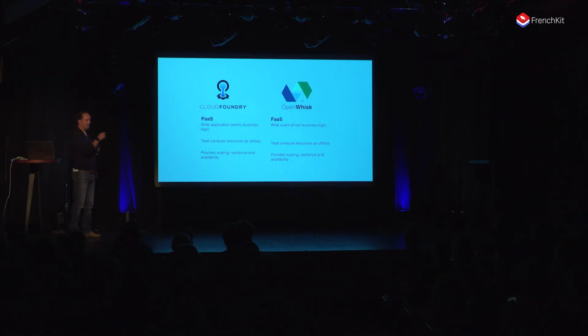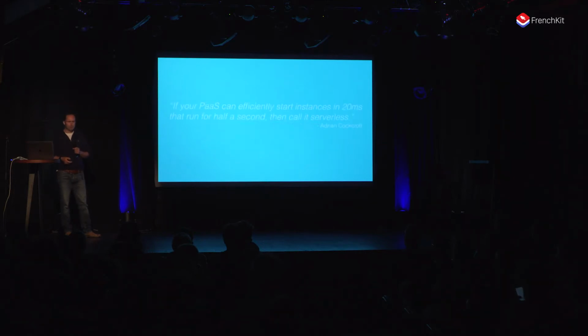So does that mean the only difference between the two is the programming model? Well, not quite. In Platform as a Service, you deploy your server application, and it runs 24/7. Serverless is designed not to do that. If your application isn't actively doing anything, if no request has been made, it's not there.